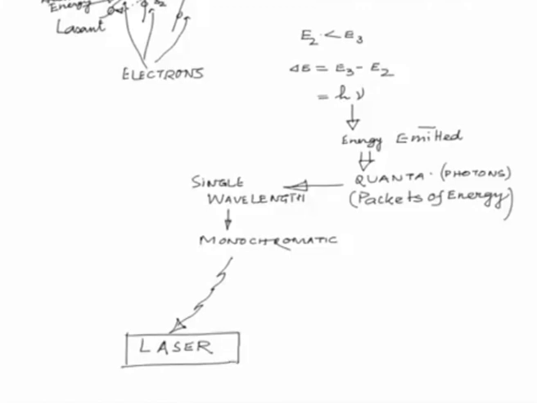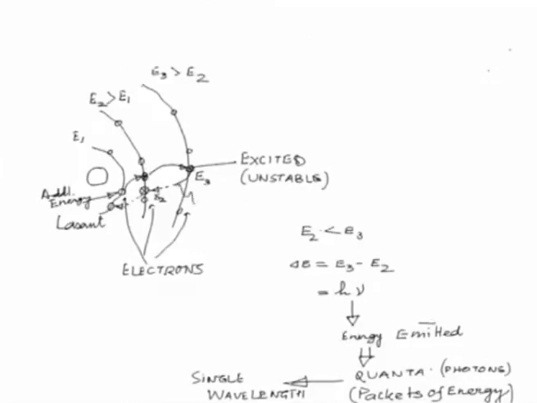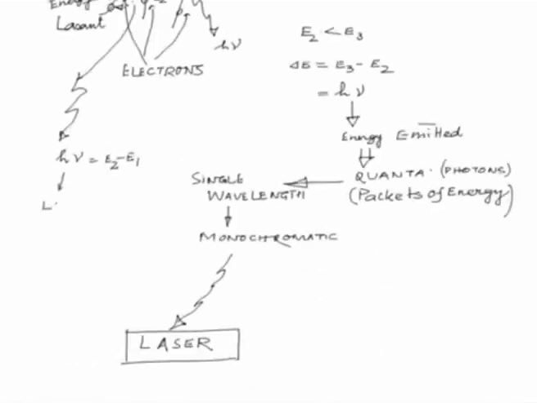Therefore, while coming back here, they will emit some radiation, which is nothing but h nu. Similarly, while coming out from here, they will emit some radiation, which is nothing but h nu, now equivalent to E2 minus E1, again delta E. So, this is nothing but what we call laser here.